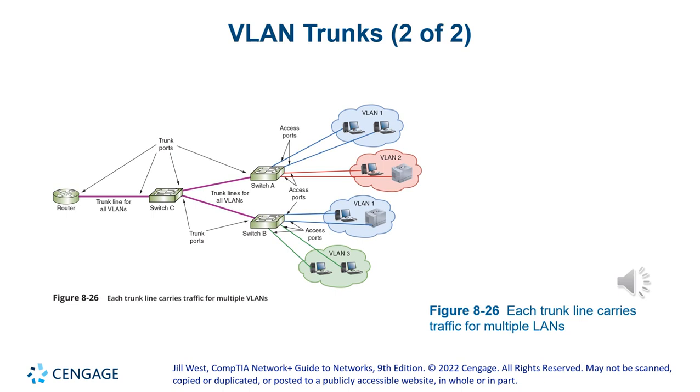Access port means no tag. Whatever gets there is the traffic for that specific VLAN, and it doesn't need tagging because it only has one LAN. If it has one LAN, why do I need to identify which LAN it belongs to? Some computers can do trunking, like if you have a server or something like that, where you're required to do trunking.